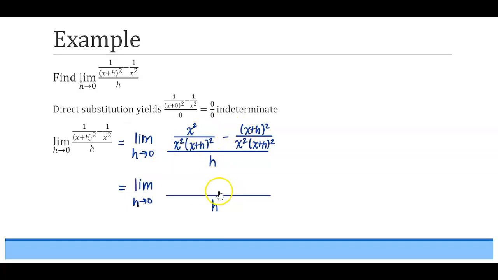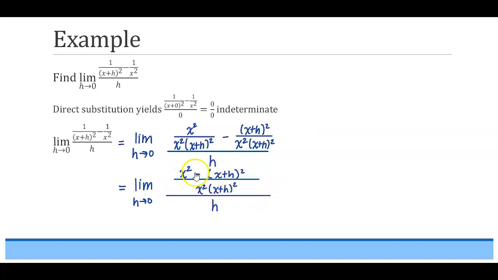Now in the numerator, I'm going to combine the two quotients to one quotient with the common denominator, x squared times the quantity x plus h squared. And then I'm going to subtract across the numerator. So if I subtract across the numerator, I have x squared minus the quantity x plus h squared. So this is definitely a lot of algebra that's going on here.